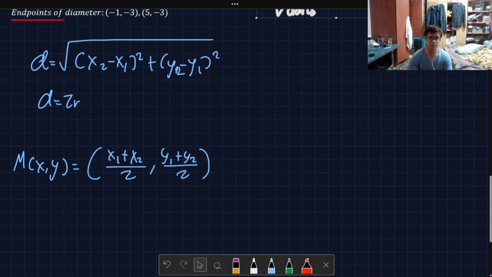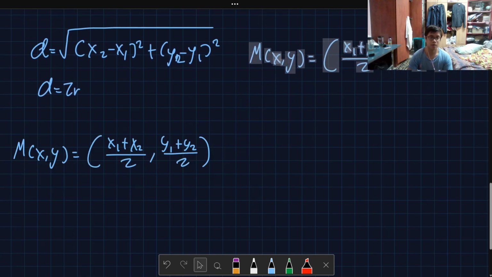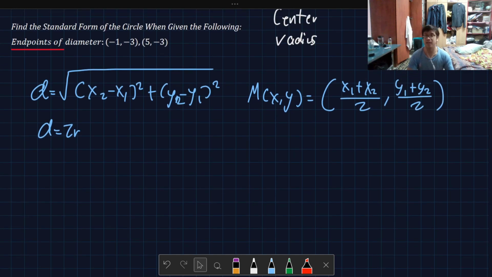Right, there we go. So let's start first by finding the radius. Since we are given the endpoints of the diameter, we're going to use the distance formula. So let's solve.